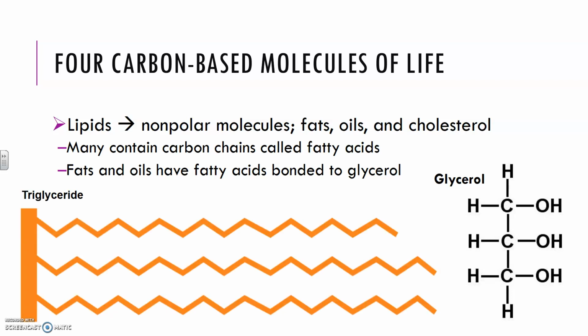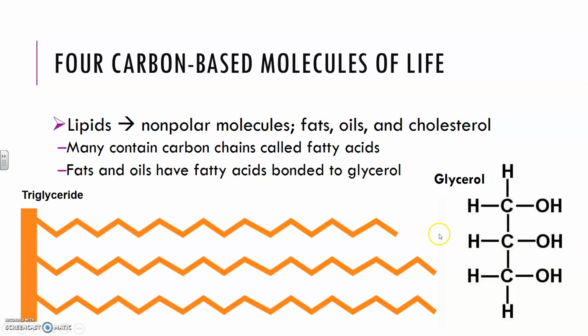So, these will form triglycerides. Tri meaning 3, so it has the 3 fatty acid tails. Glyceride referring to the glycerol. So in this image here, the glycerol is shown as this orange bar. And then each of the fatty acids are these kind of zigzag lines.